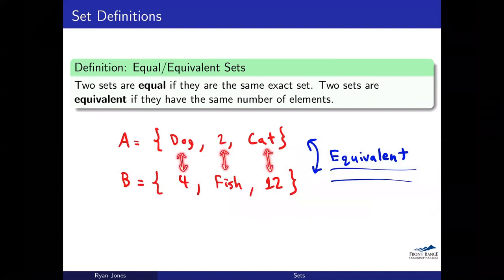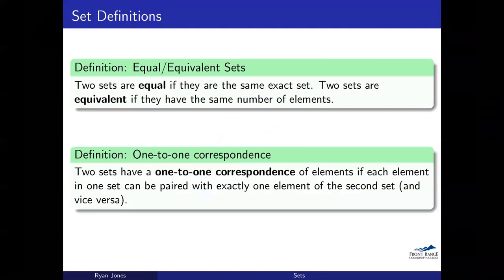And what I've done there is I've paired each element up with each other. I can pair each element in A with a specific element in B, and vice versa. I can pair each element of B with a specific element of A. And that means not only are they equivalent, but they have a one-to-one correspondence, because I can pair each thing with exactly one other.